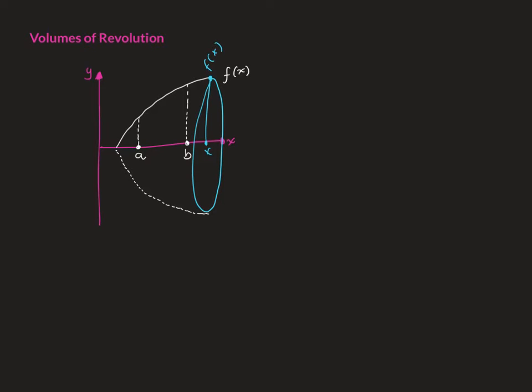Now, say we only want to rotate the part of the function that goes from a to b. In that case, our solid would look something like this. It would have a circular top, a circular bottom, and the walls are going to be marked by the progression of the function from a to b.